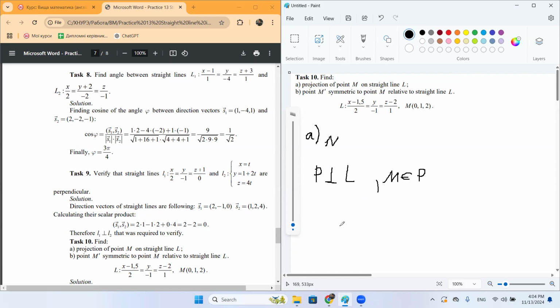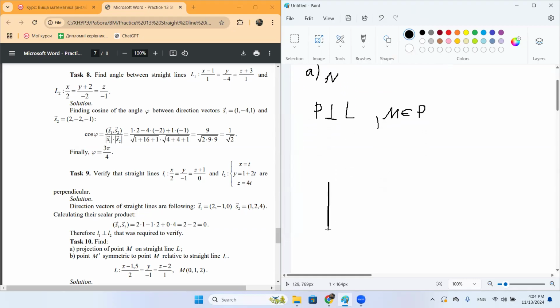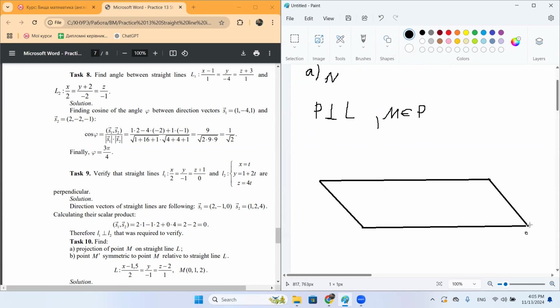So the scalar product equals to 0. Well, basically not. So what's simpler? Not equal to 0. So let me draw. So the plane P and line L.